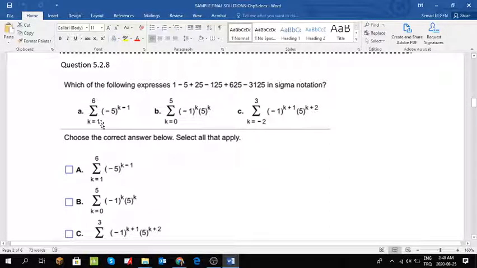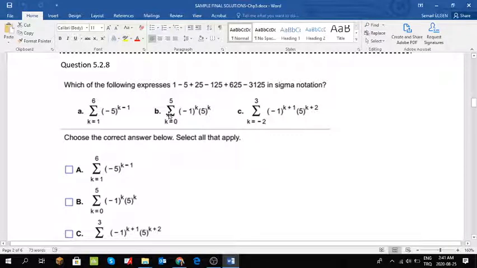The fifth element, k is equal to 5: 5 minus 1 is 4, negative 5 to the 4 is 625. That's right. And k is equal to 6: 6 minus 1 is 5, negative 5 to the 5 is negative 3125. So that's the right answer.